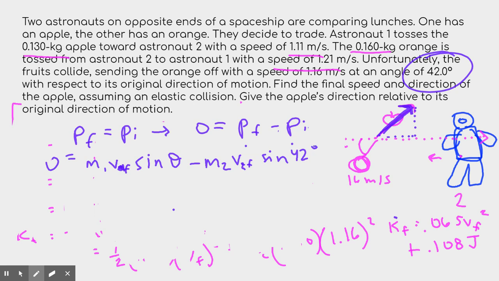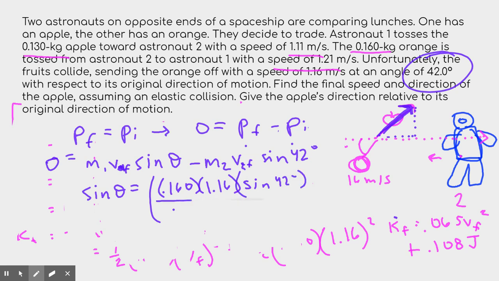Okay, now we need to rearrange this so that we can actually solve for theta. So let's get the sine of theta by itself and plug all this other information in: 0.160 multiplied by 1.16 multiplied by the sine of 42 degrees.